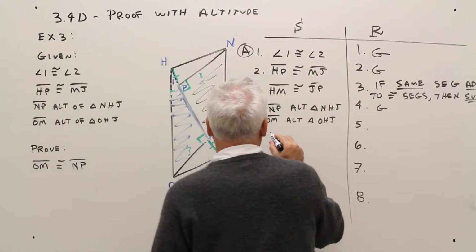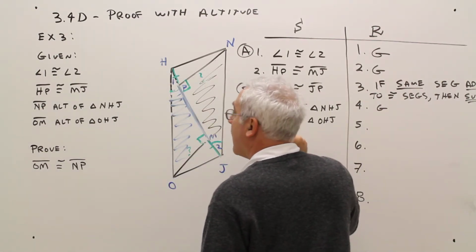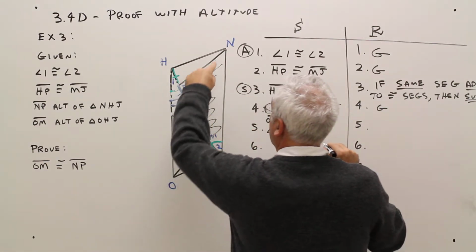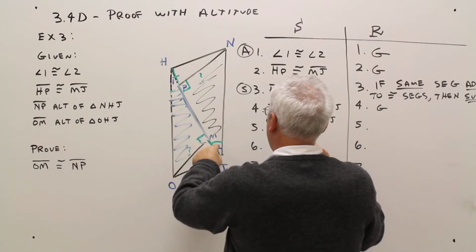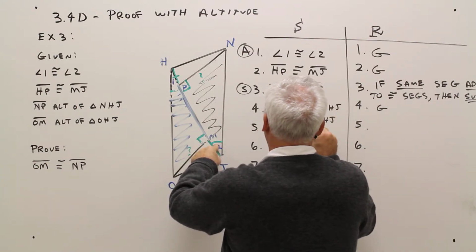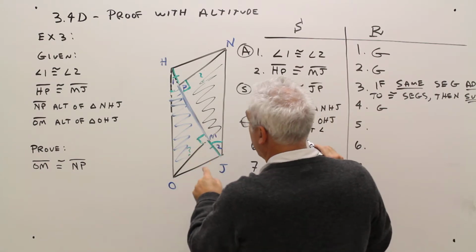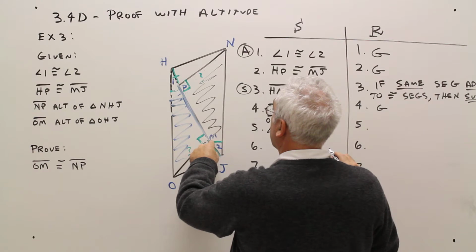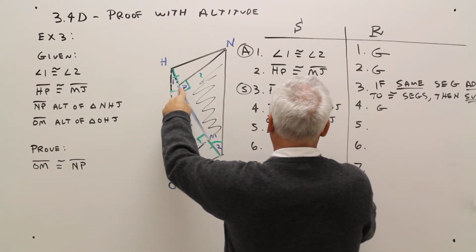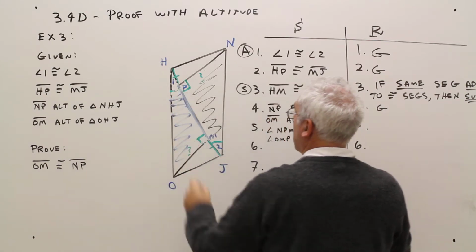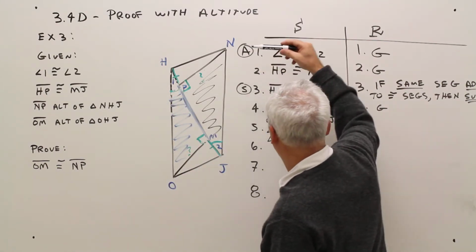All right, so I'll say, let's be careful here, angle NPM is a right angle. And also angle OMP is a right angle.